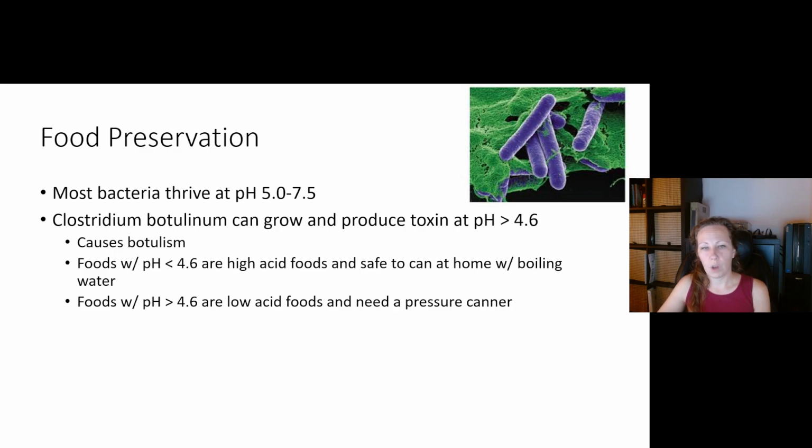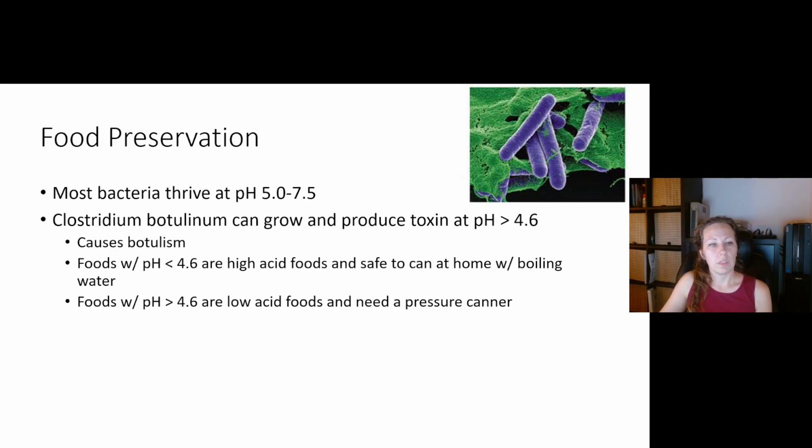And so if you do not make an effort to kill these spores before you're finished canning, then once you have canned that food, you've taken all the air out of it, that spore is going to be happy because it has a pH where it can grow, and now there's no air. And so then it can grow, it can produce a toxin, and someone can unknowingly eat that toxin, and could die, or be very seriously made ill.